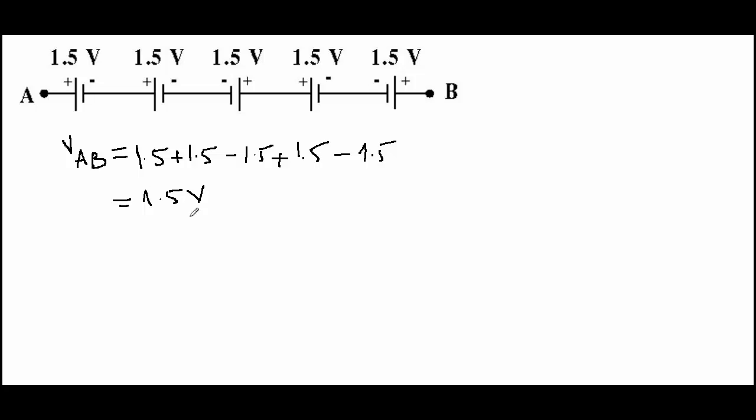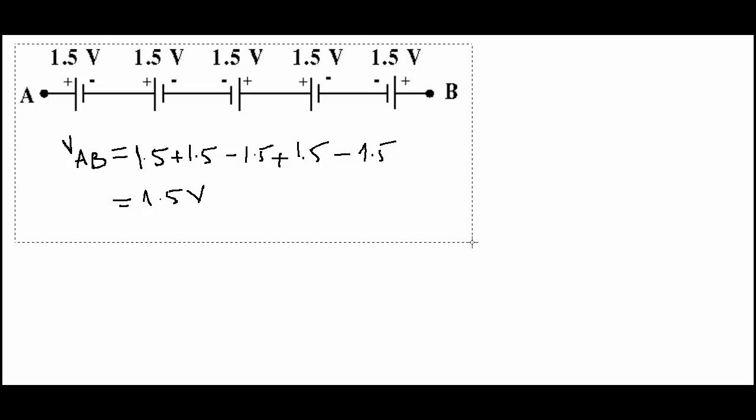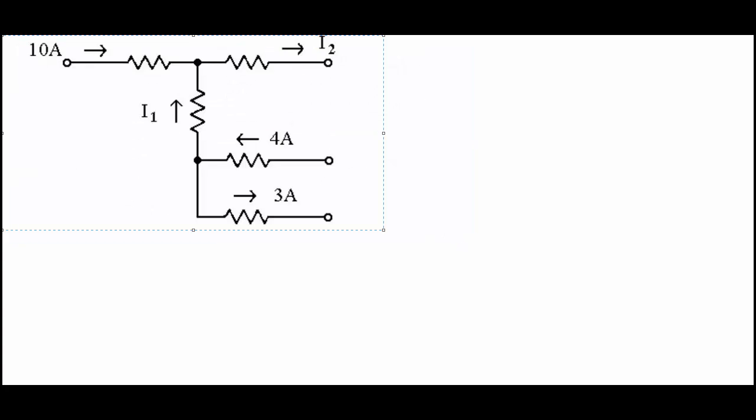Okay, another similar example that falls in this category of fast conceptual ones is related to KCL. In this example we are asked to find the value of the current I2 here.